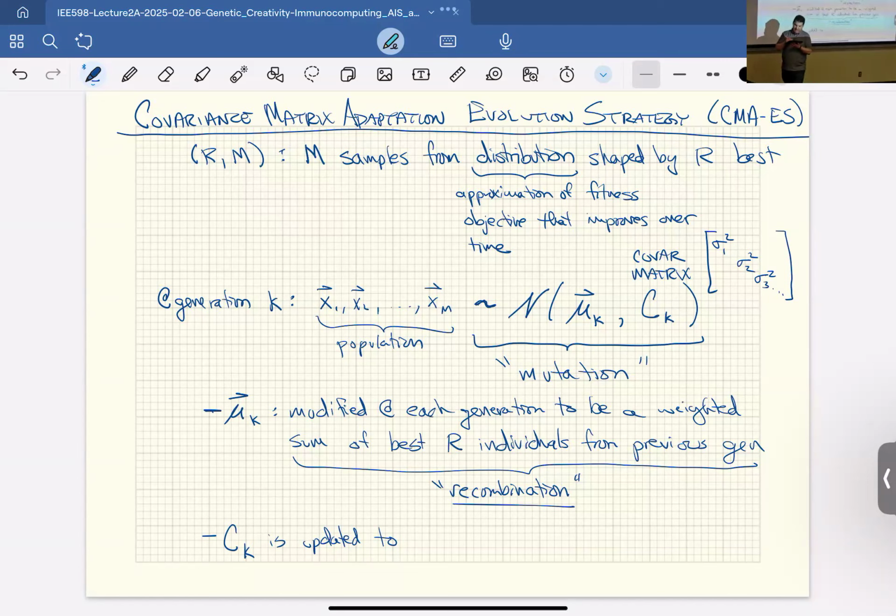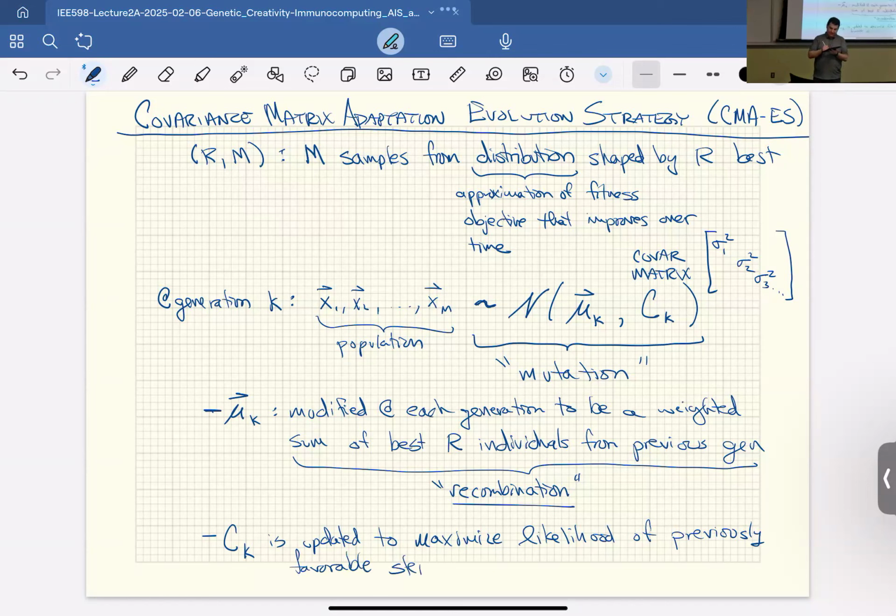So this is updated to maximize the likelihood of previously favorable step directions. And so this reshapes the distribution of new points.